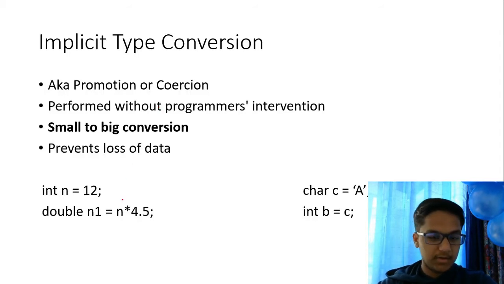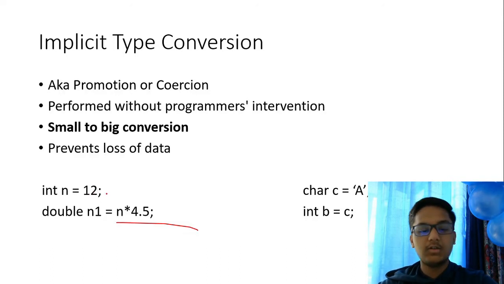We'll have a look at a couple of examples. Let's say we have int n = 12, and then we perform an arithmetic operation with double n1 = n * 4.5. Since 4.5 is a double value, the integer 12 gets converted to a double internally, implicitly, to perform the operation so that the output is double as well.